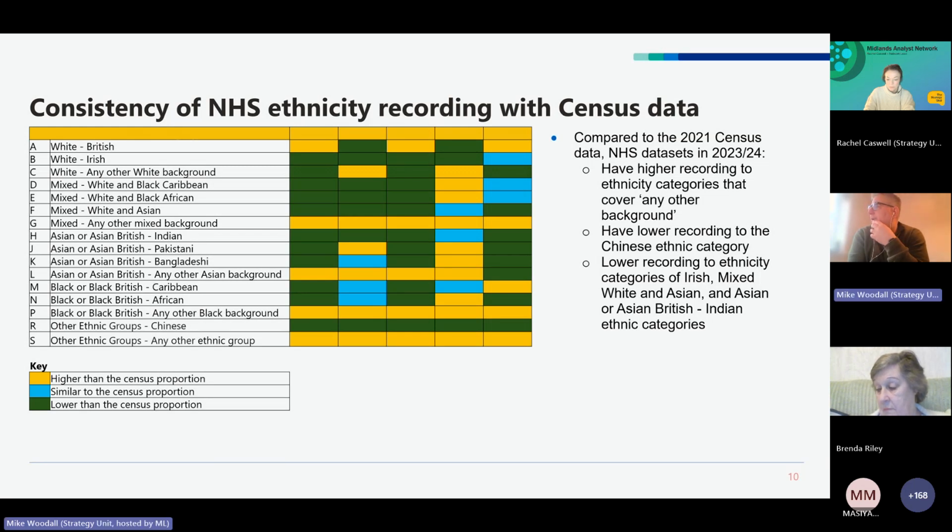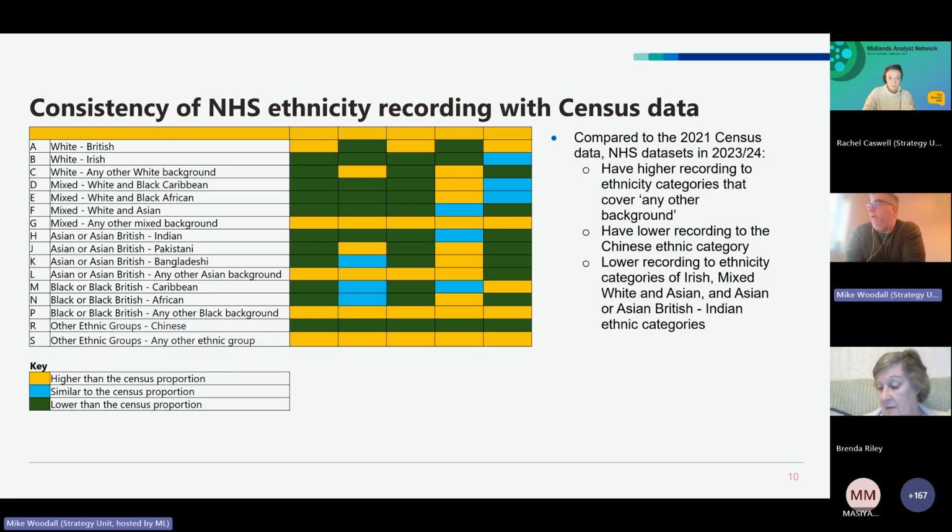But there are some areas where we think there are higher or lower levels of ethnic groups than in the census, particularly those that start with any other: any other ethnic group, any other Black background, any other Asian background, and any other mixed background. There are higher rates than in the census.